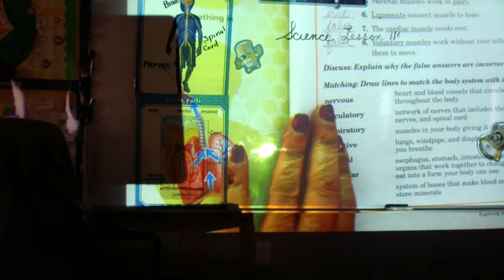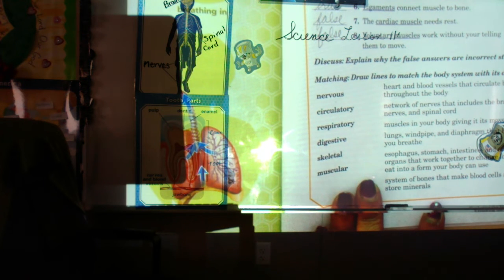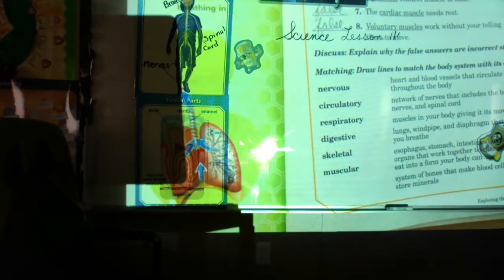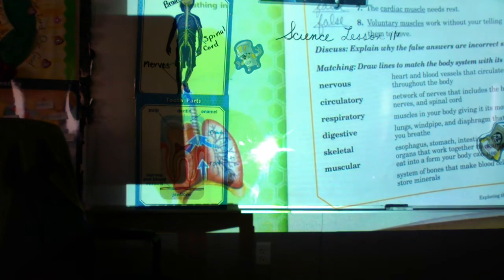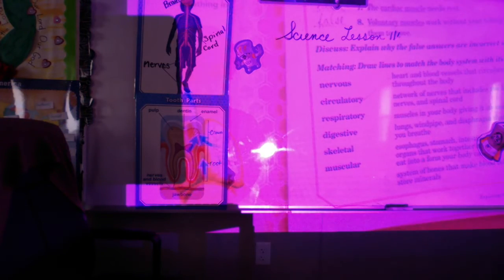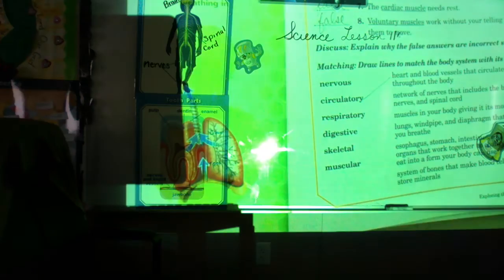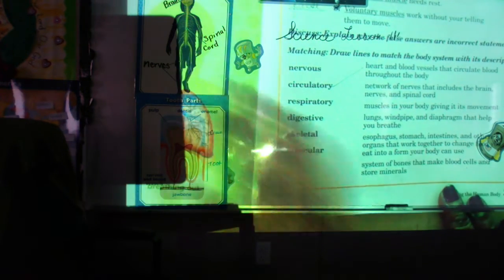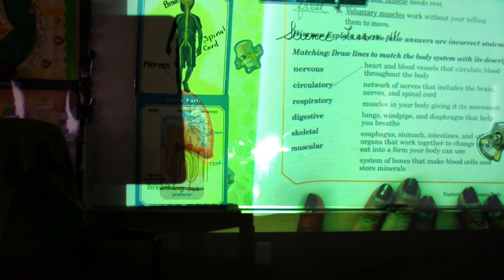The next part, match by drawing lines to match the body system with this description. Heart and blood vessels that circulate the blood throughout the body. And that will be the circulatory system. Next one, network of nerves that include the brain, nerves, and spinal cord.